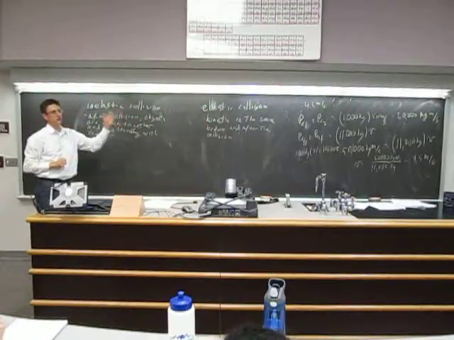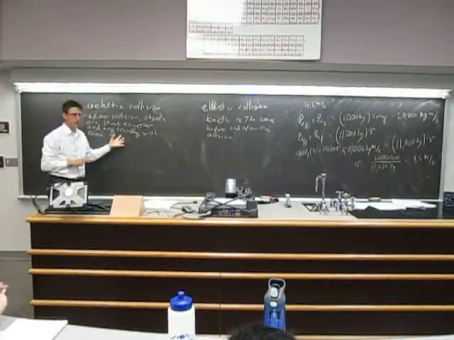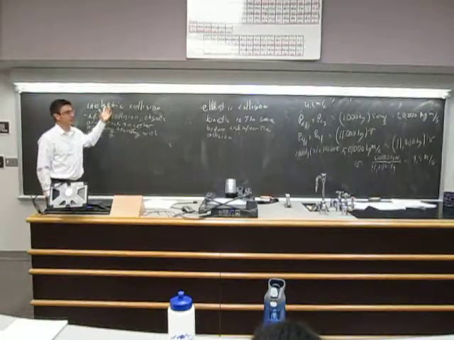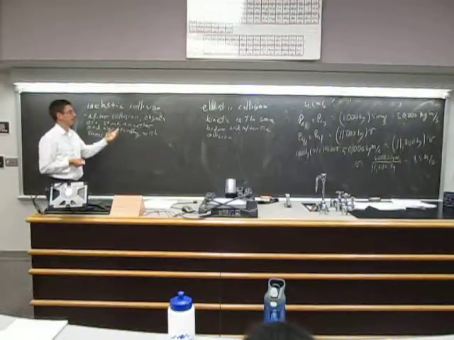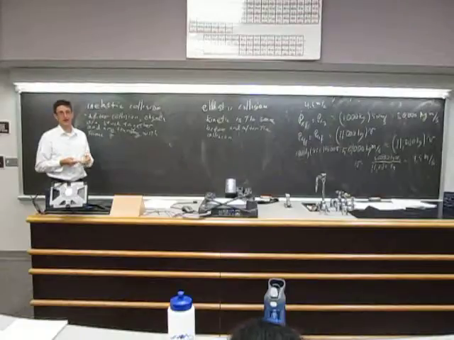These are the two special types of collisions we'll deal with. In 2 dimensions, like on the board, if I know the initial velocities and the initial masses, in either of these collisions, I'll be able to figure out both the final velocities of the objects.